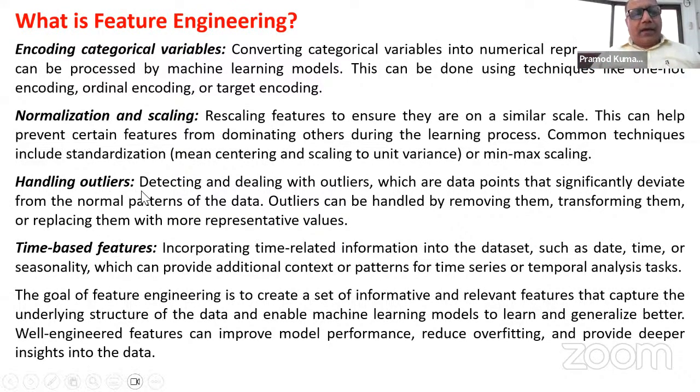So handling the outliers also comes into feature engineering. What is written here? Detecting, deleting, and dealing with outliers, which are data points that significantly deviate from the normal pattern of the data. Outliers can be handled by removing them, transforming them, or replacing them with more representative values. This tells us the different ways in which you can handle outliers.